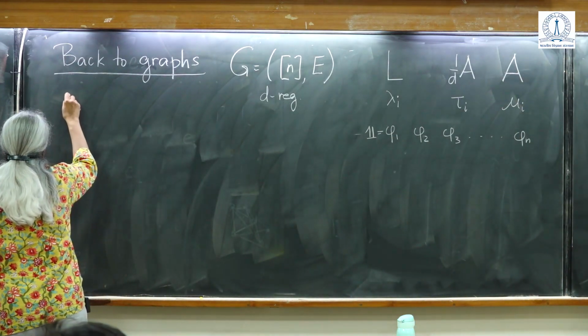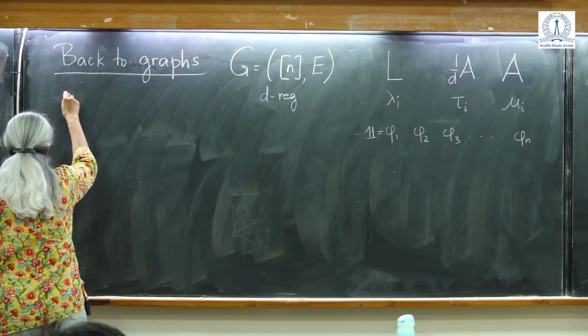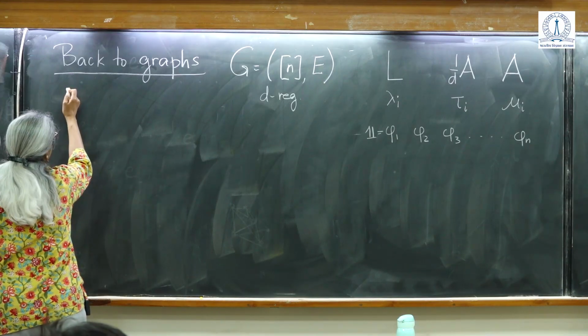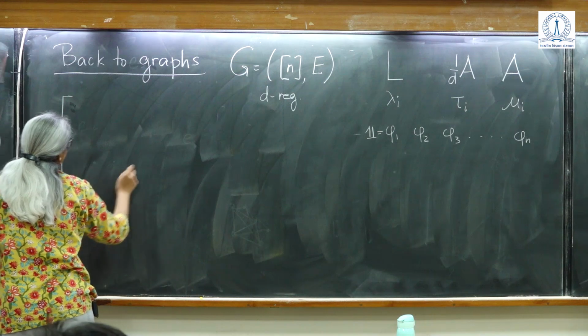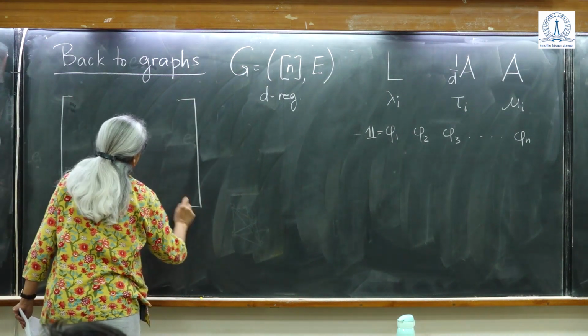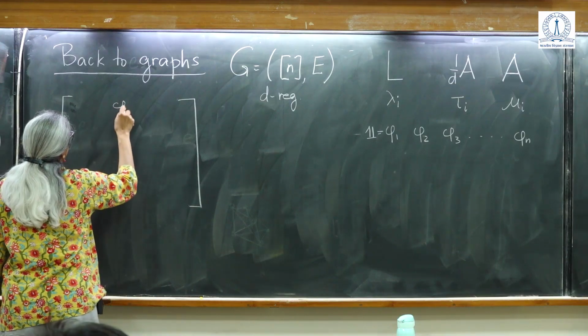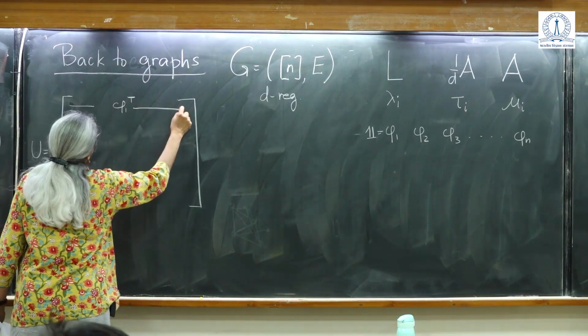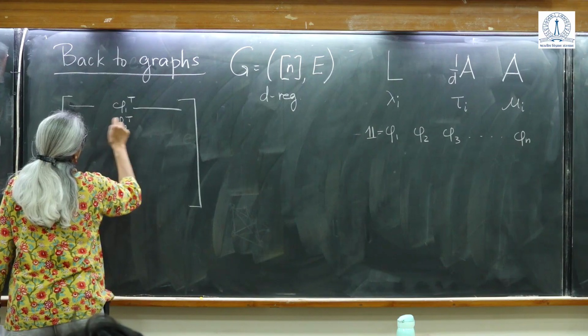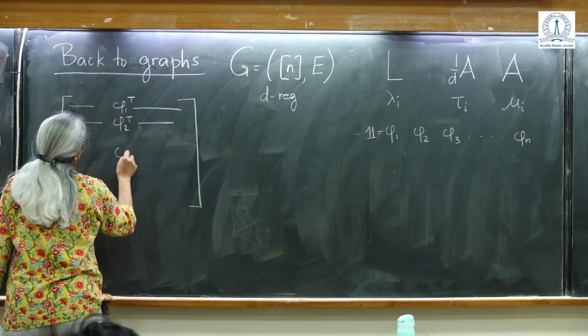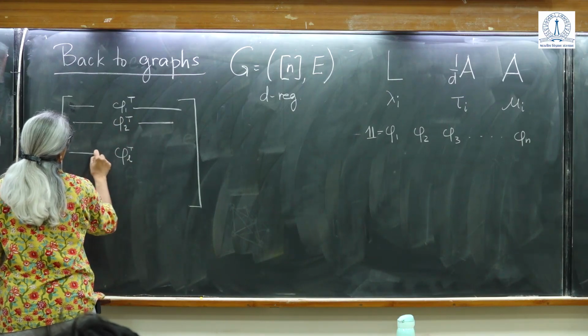And then what we were trying to do is the following. We organize the eigenvectors into a matrix, which we will call U. So this is phi1 transpose, and then I have phi2 transpose up to some number, say phi L transpose.